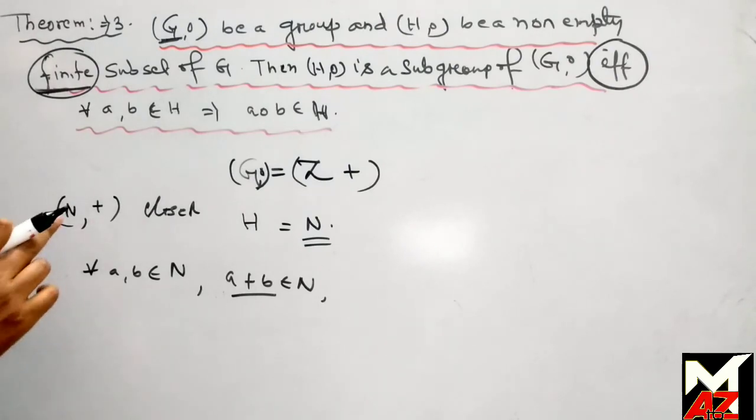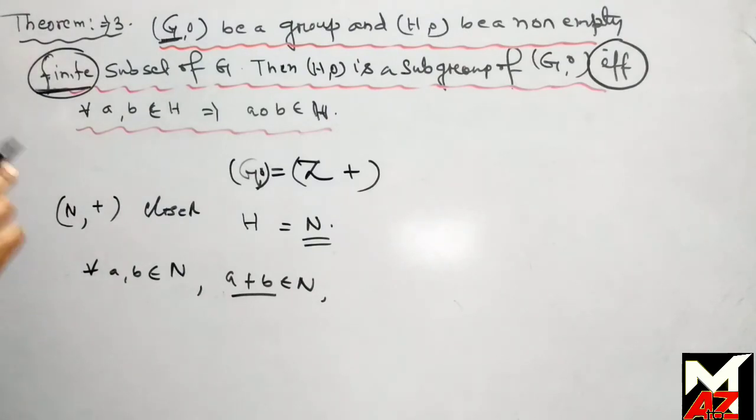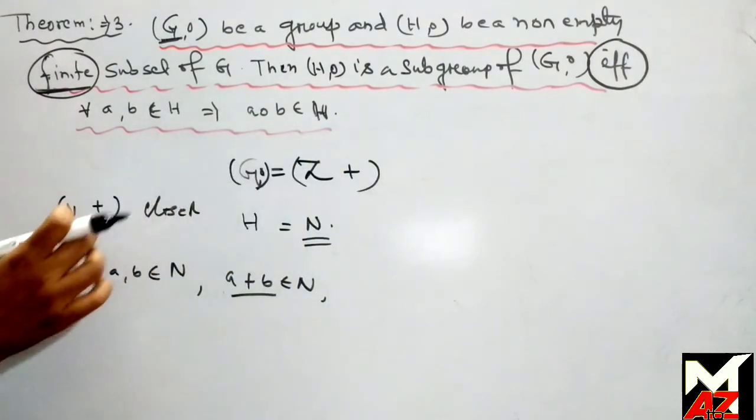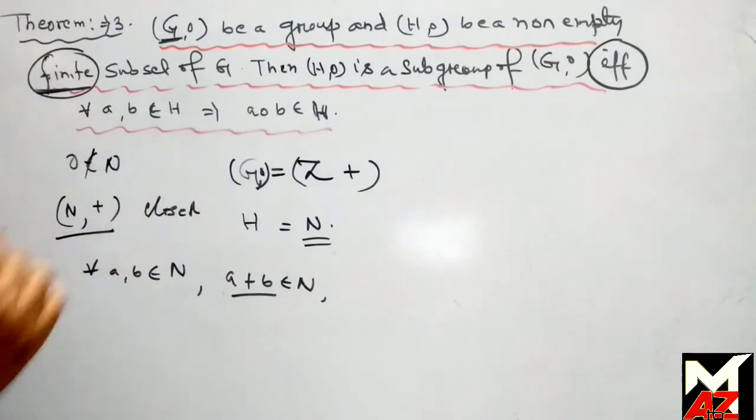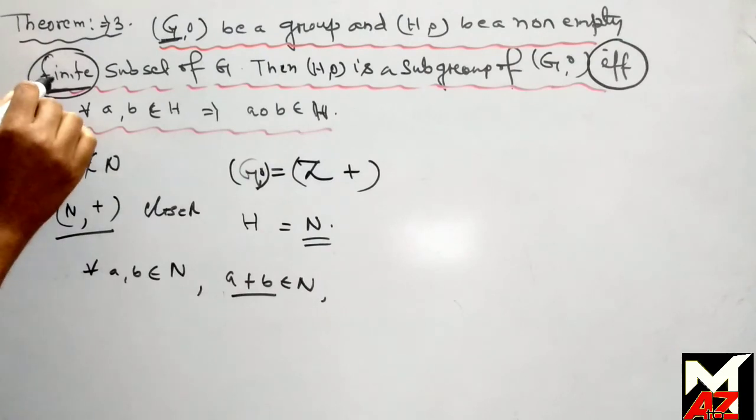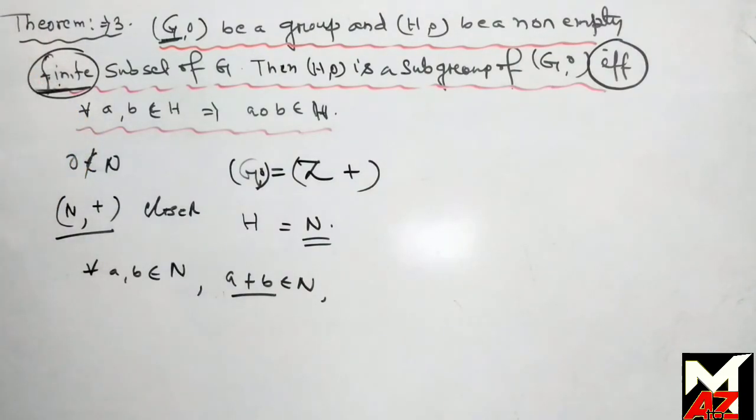But we already know (N, plus) is not a group, because the inverse of any element does not exist, and the identity element is not here, because 0 is the identity of (Z, plus), and 0 does not belong to N. So this is not a group, and this is the important example to show that if H is not finite, then it may not be a group.